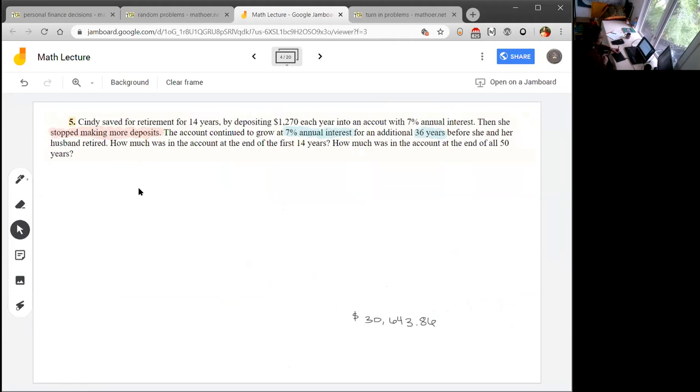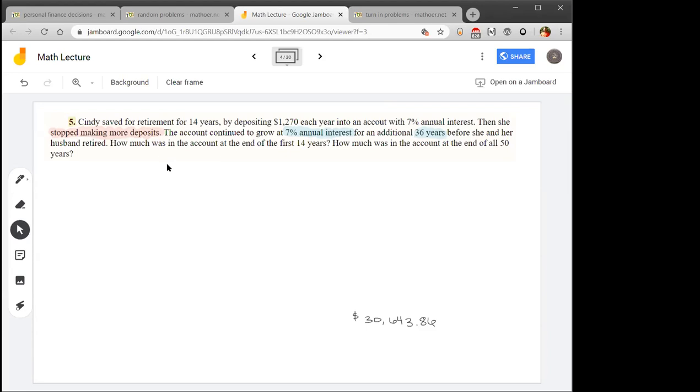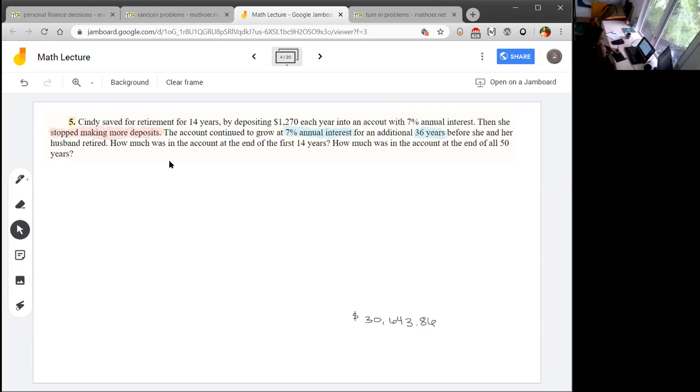Okay, what formula do we use on this slide? Sum of annuity due. No, it's not sum of annuity due. She's stopped making more deposits. It's a compound. She's just taking the amount from last time and watching it. Compound.